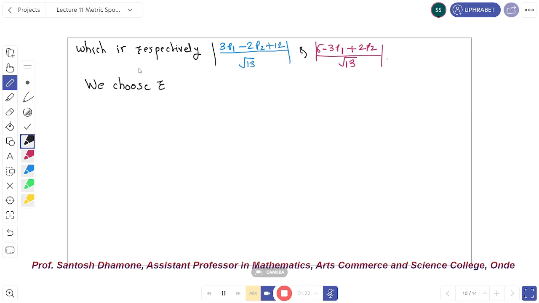Therefore 3p1 - 2p2 - 5r is less than 3y1 - 2y2, which is less than 3p1 - 2p2 + 5r. Okay.